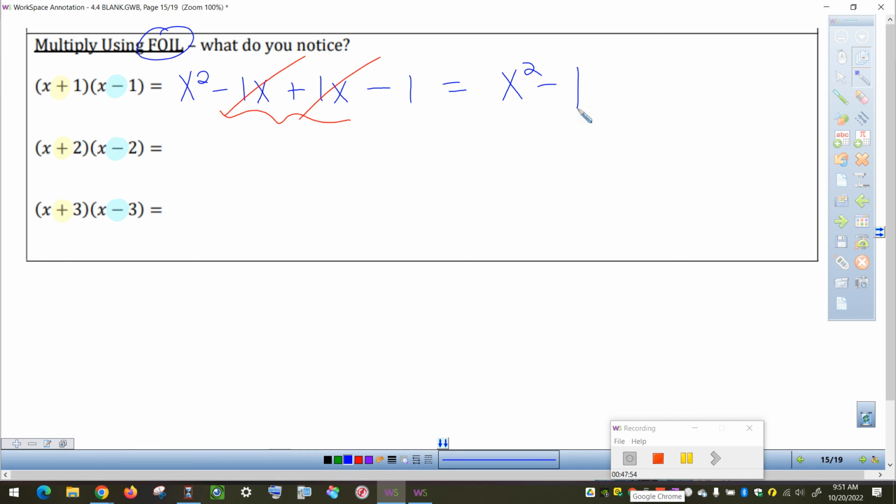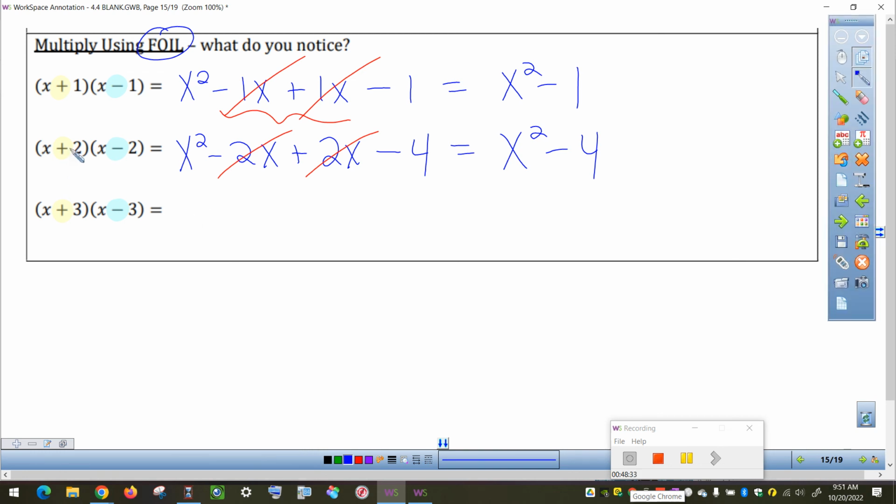Well, if we do that for the next one, the same thing is going to happen. So now we have minus 2x plus 2x. We cancel out. We just have x squared minus 4. Okay, the last term times the last term is positive 2 times negative 2.